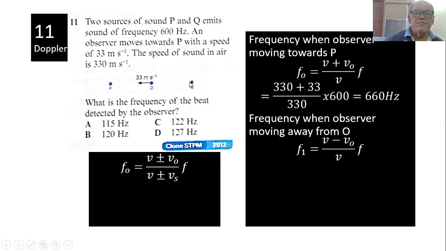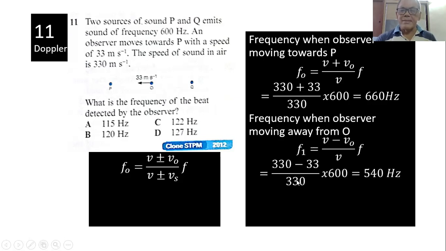That is the sound source from Q, sorry, from Q is moving to the left. The observer is also moving to the left. So that's why we subtract. They are both in the same direction. That's the reason why we subtract. And put in your value and calculate. And then the last bit is just to take the difference between the two.